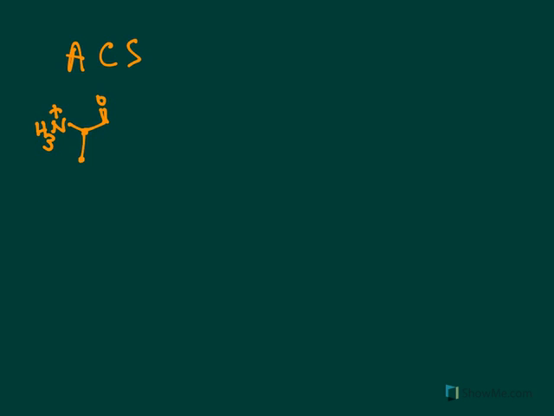Now, since it's forming an amide bond with the cysteine that comes next, there is no O to it. It's got to form an amide bond because it forms that bond with the nitrogen of the cysteine, because that's really important. It's an amide bond. This right here is an amide bond, and so that's why there is no oxygen linking the two.